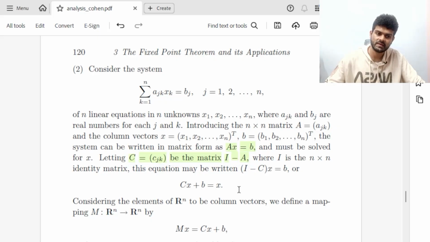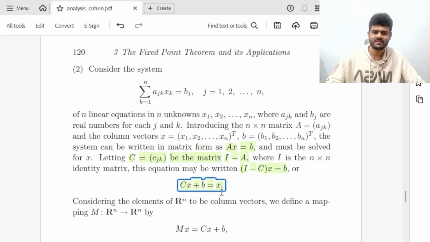I minus A is our new matrix C. Then I minus C times x is b, because I minus C is A. Hence, if you rearrange this, you get Cx plus b equal to x, right?